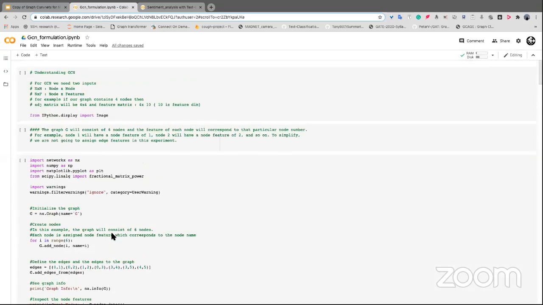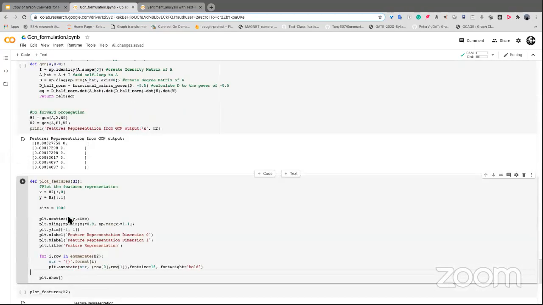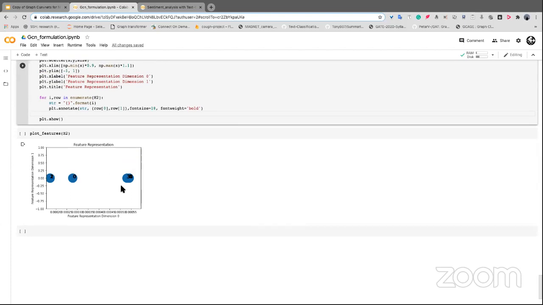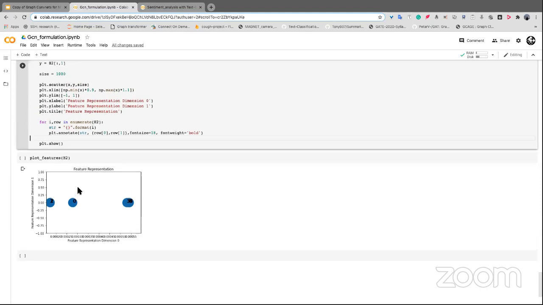If you go back, all three of these nodes belong to one cluster, and these three belong to the other cluster, and this is found without training. So this is the power of graphs. The features we have extracted are able to classify even without training yet. So let's go back to the slide.